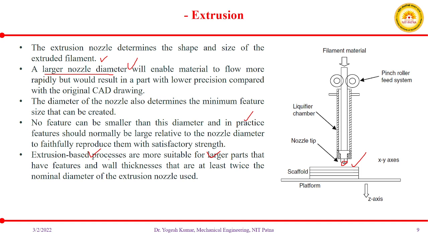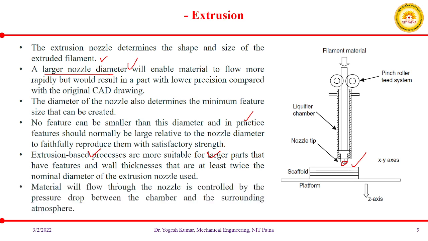Extrusion processes are more suitable for larger parts that have features and wall thicknesses that are at least twice the nominal diameter of your extrusion nozzle. So, minimum twice: your minimum feature size or the wall thickness should be at least twice the nominal diameter of your extrusion nozzle.